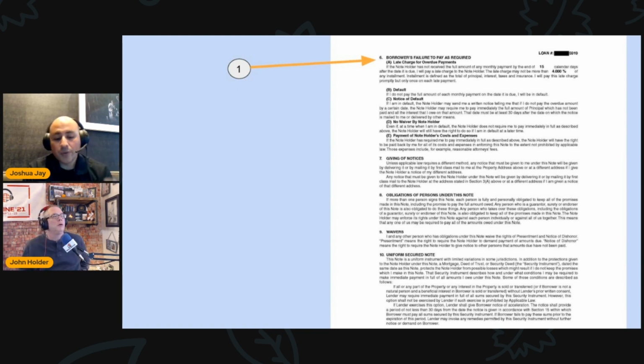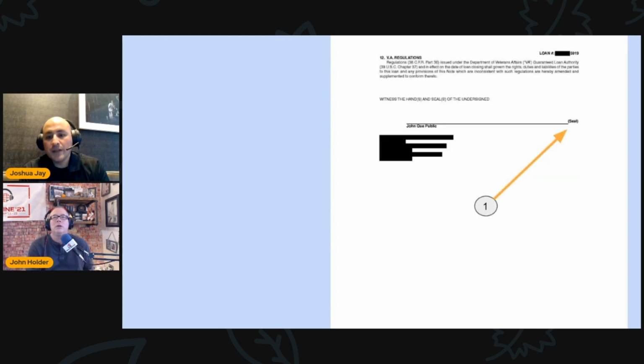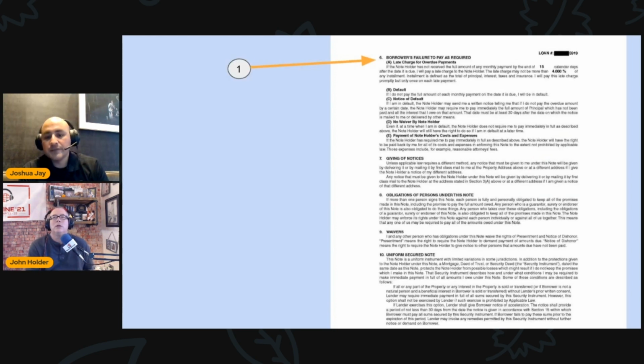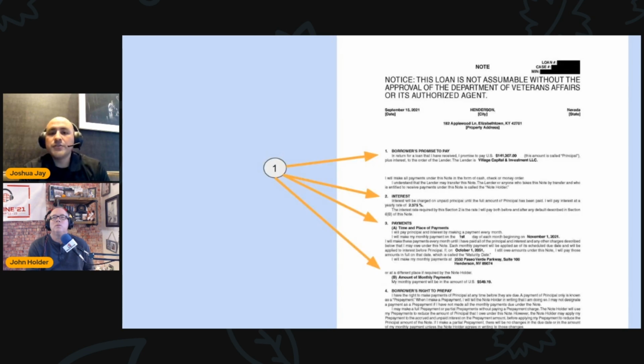Now, one thing I do want to throw out for these is that sometimes on the note, the mortgage, etc., some individuals and some states require initials at the very bottom right of the documents. This one didn't. That's why I didn't show them to you. But you always want to double check, because sometimes they're there.